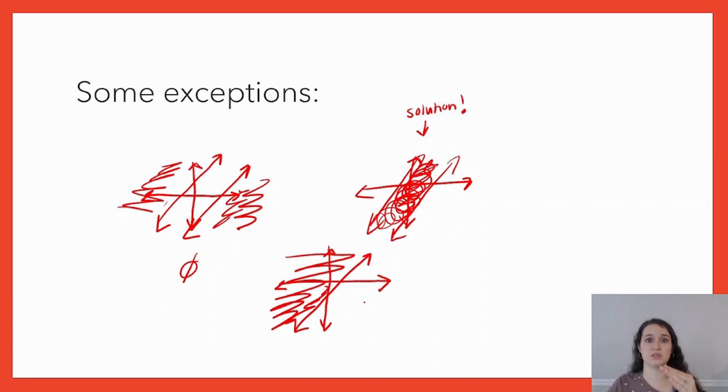Or if you end up with the same line and both sides are shaded, now that could be all real numbers, because if your line is solid, then any combo of coordinate points will totally work. Okay, so there's really not that many exceptions here. Really the main one would be this no solution here.